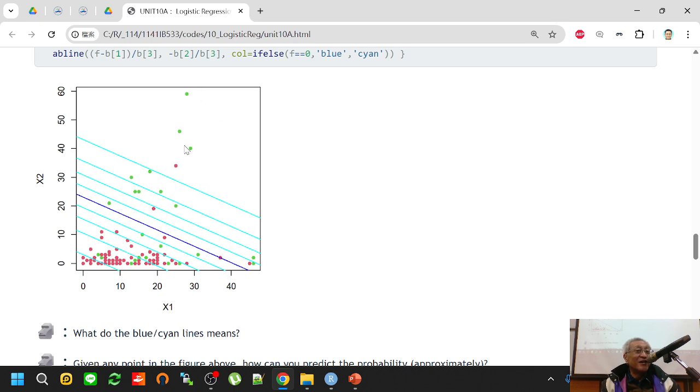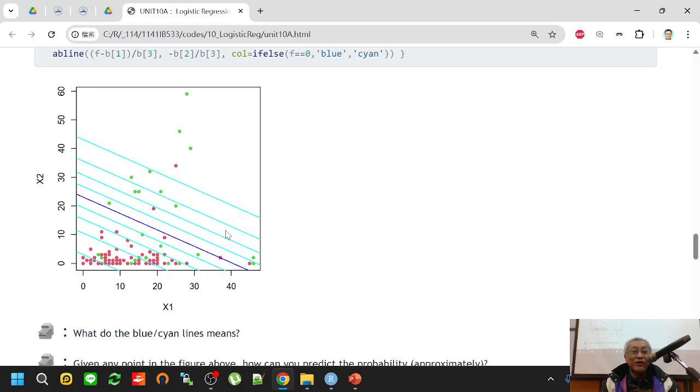For these 4 points, the probability that y equals 1 is predicted to be higher than 0.9. Okay? And for these 3 points, their probability of y equal to 1 is larger than 0.8 but lower than 0.9, isn't it?